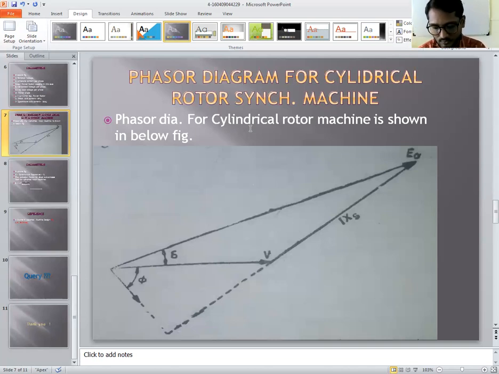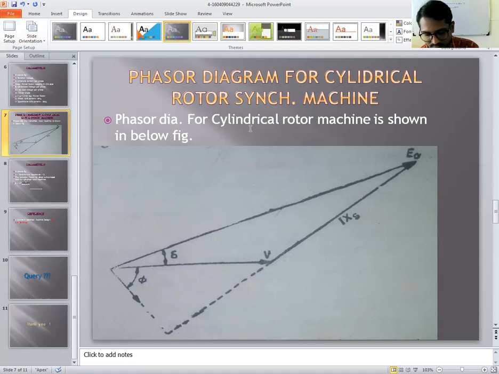In the first row, we take a reading of Vmax, in the second Imax, after that V minimum and I minimum. These four readings we have to take. Here the alternator winding is star connected. Using the observation table, XD and XQ are determined as XD equals Vmax upon root 3 upon I minimum, and XQ equals V minimum upon root 3 upon I max.